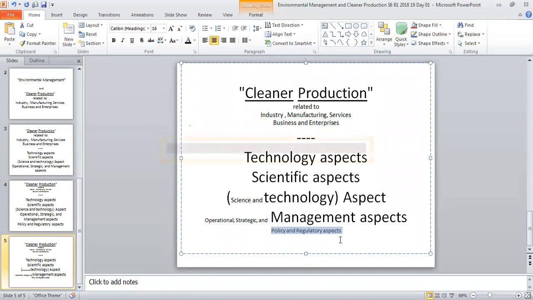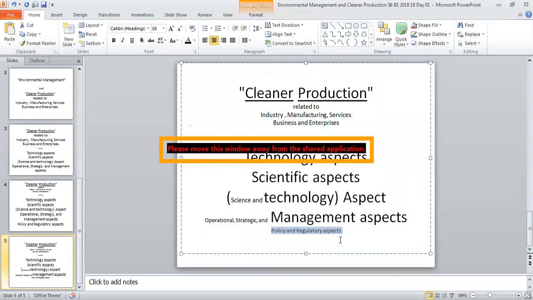One more aspect here is the innovation aspect, because natural innovation will come into place when you talk about this subject.